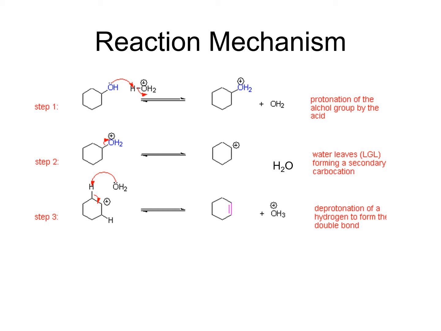When that hydrogen is abstracted, the electrons associated with the hydrogen form a double bond between where the hydrogen was and the carbocation. And that extra hydrogen that leaves regenerates your acid. That ends the reaction, forming your cyclohexene at the end.